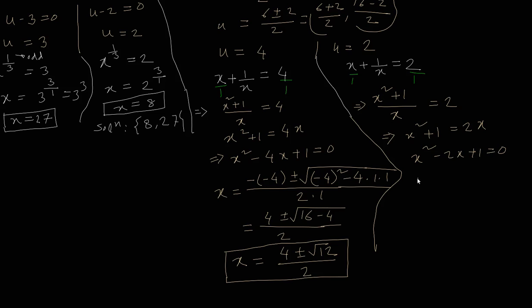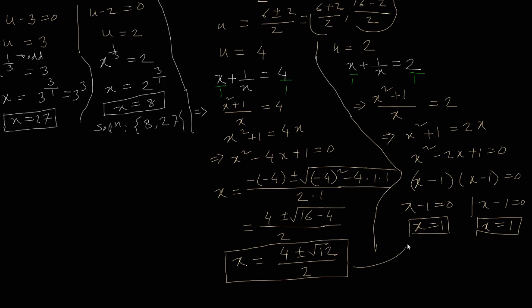So I can write (x minus 1)(x minus 1) equals 0. This time I'm using factoring, so x minus 1 equals 0, and again x minus 1 equals 0. So in this case x equals 1, and also x equals 1. So these are all the solutions for this particular problem.